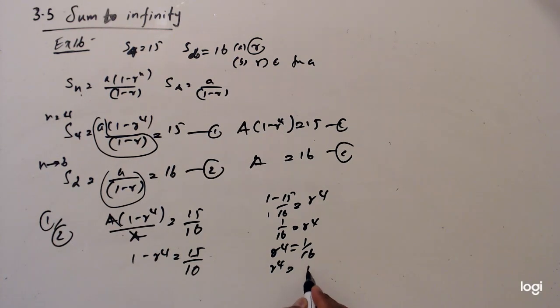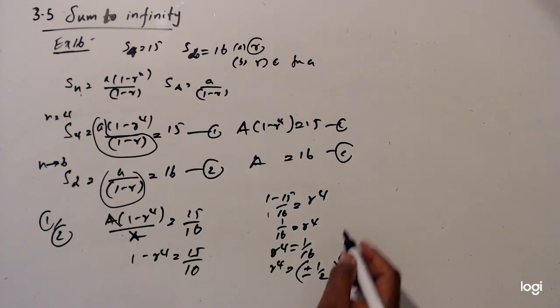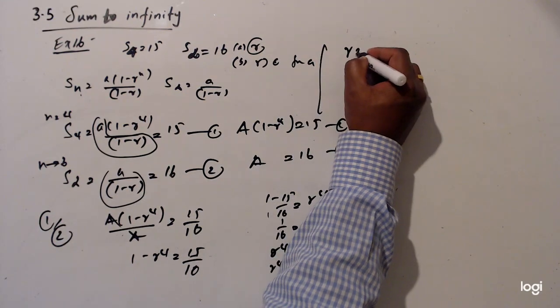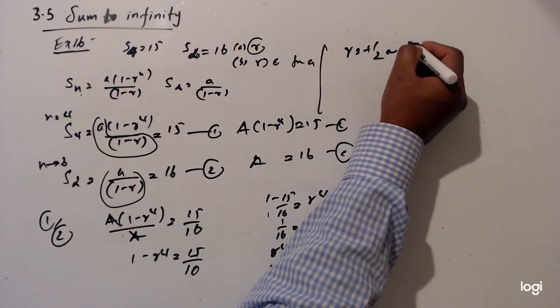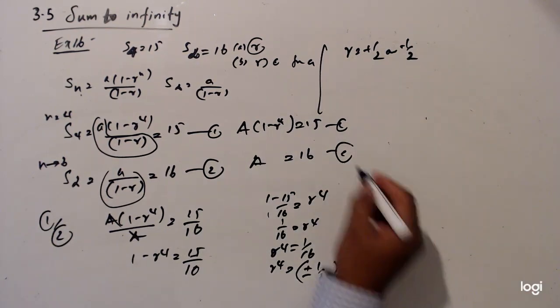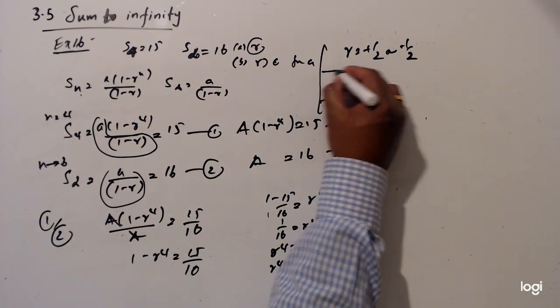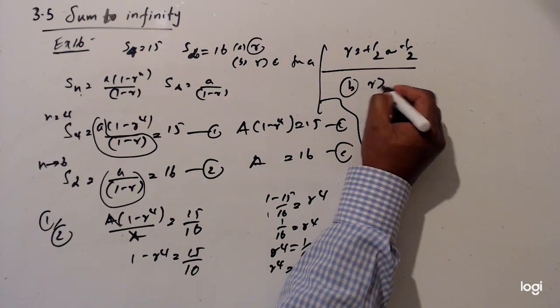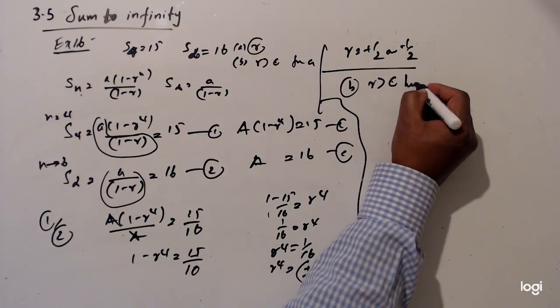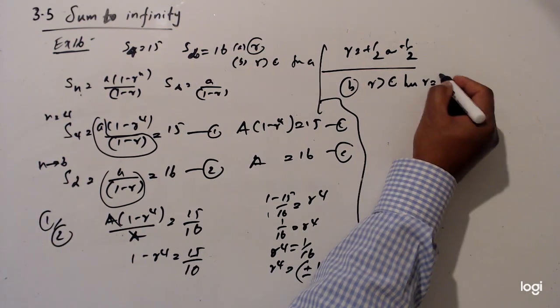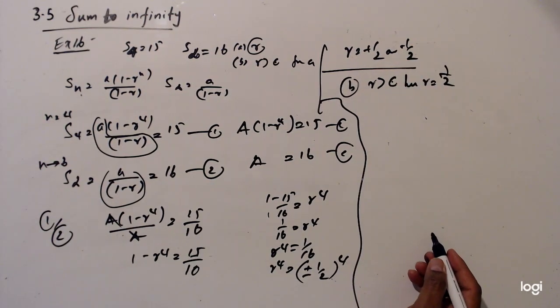So r is plus or minus half, since the fourth root of 1 over 16 is half. There are two r values: half or minus half. Now part B, r is greater than 0, hence r equals half, so we can drop minus half.